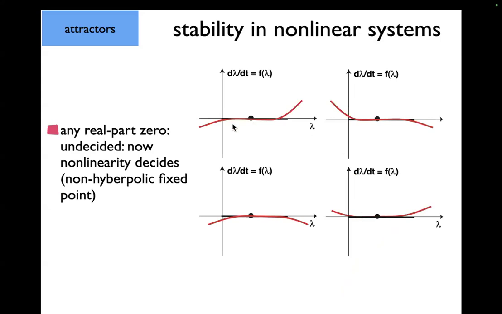And these would be 4 examples of a linear approximation having zero slope, and the red line, the nonlinear system, having different behavior. So you have 4 possible cases. You could have something that ultimately goes like a positive slope, ultimately goes like a negative slope, or has these convex or concave shapes. And you see that different things would happen.